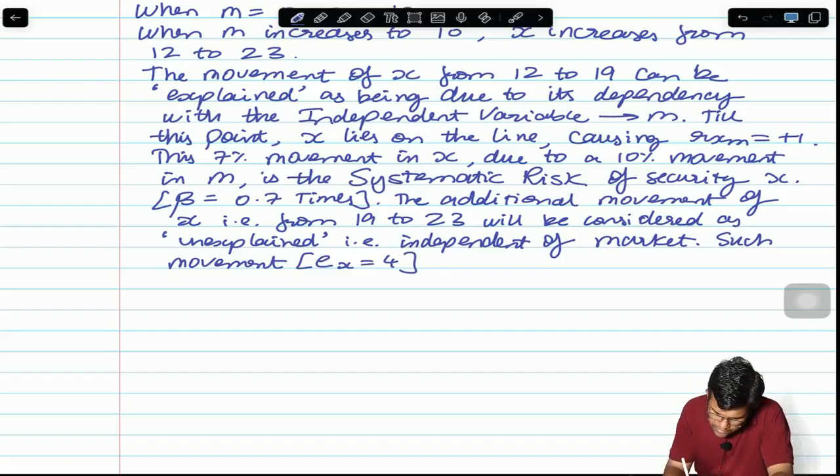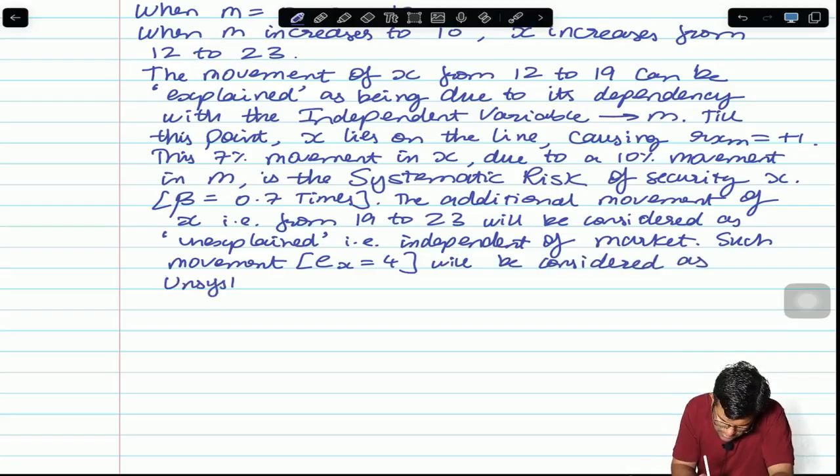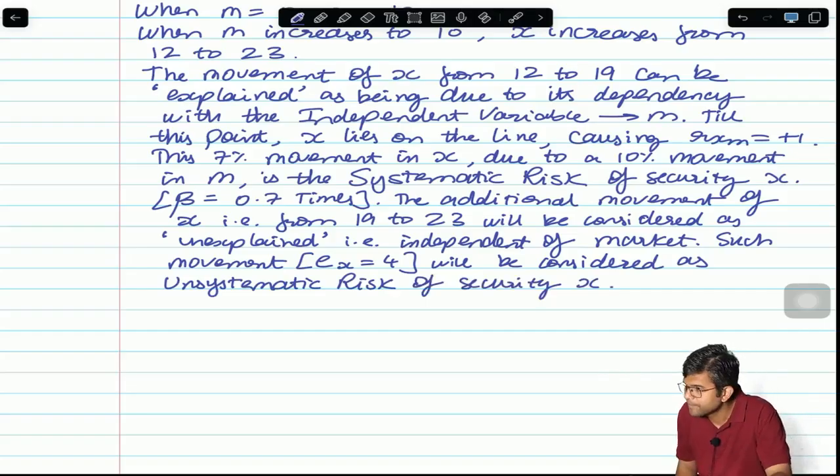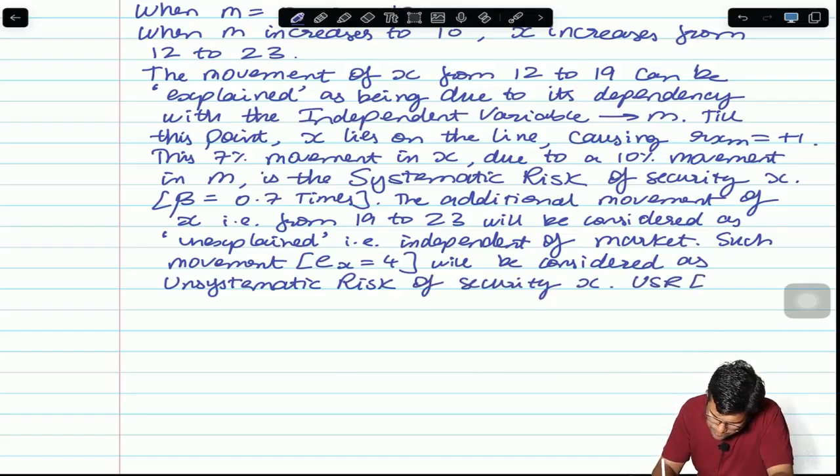Such movement will be considered as unsystematic risk of security X, USR.